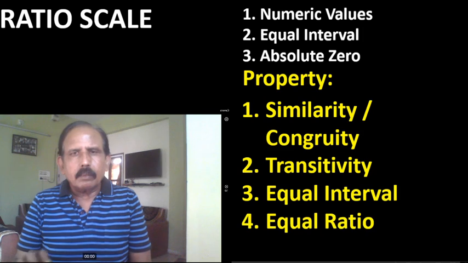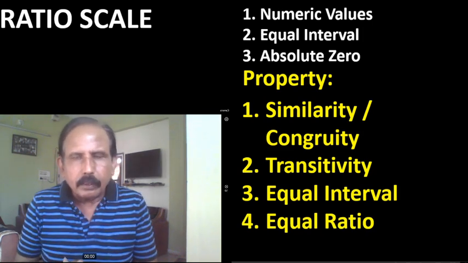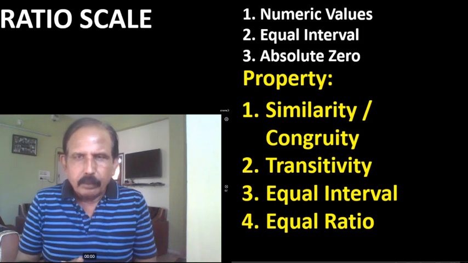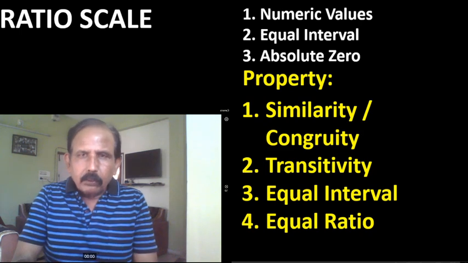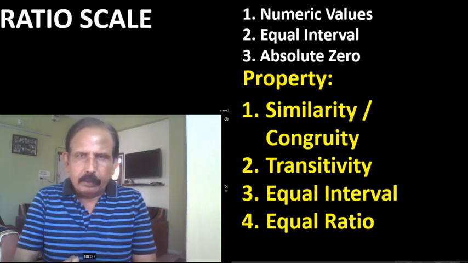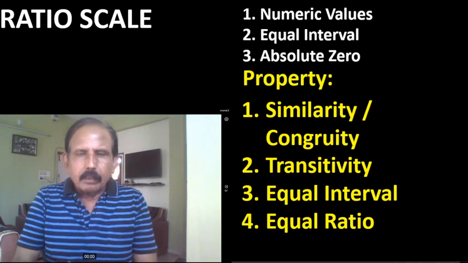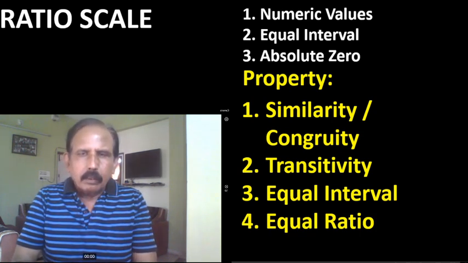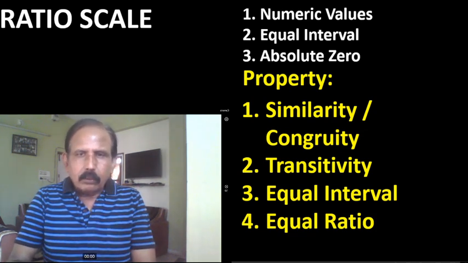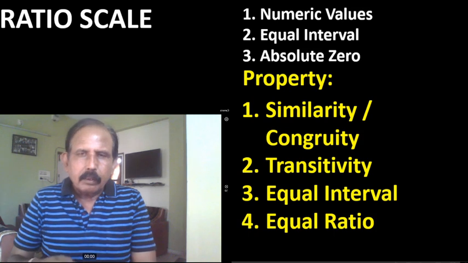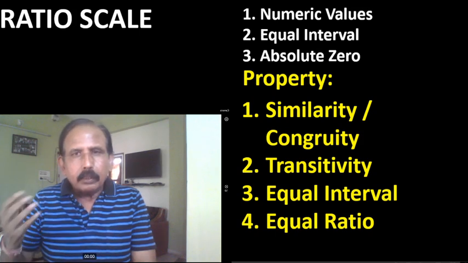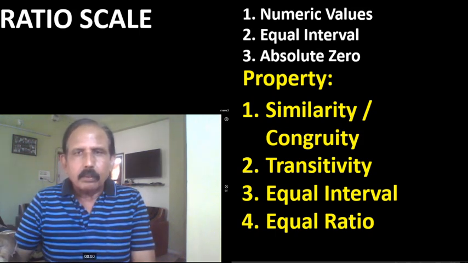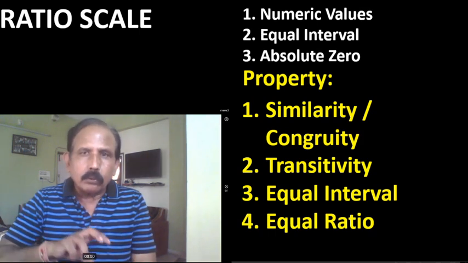The most important thing in terms of ratio scale is equal ratio. What does it say? It says that the ratio of any two numbers assigned to the subjects will always be equal to the ratio of the intensity of characteristics corresponding to those two numbers.